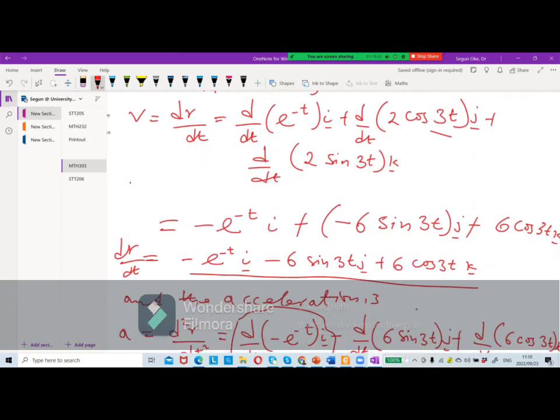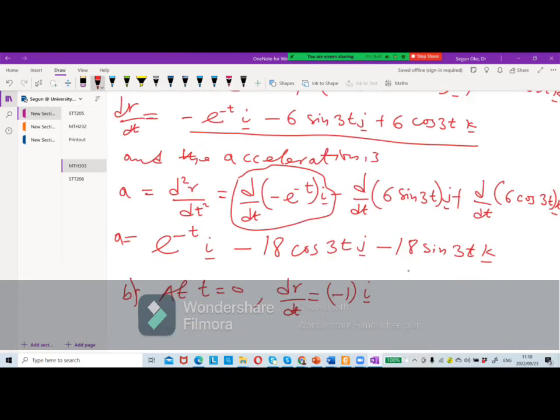Then when you substitute 0 where you have sine 3t, sine 0 is 0. 0 multiplied by 6, everything here is 0, so you have nothing to do here. Then cos 0 is what? Cos 0 is 1. 1 multiplied by 6, so plus 6k.